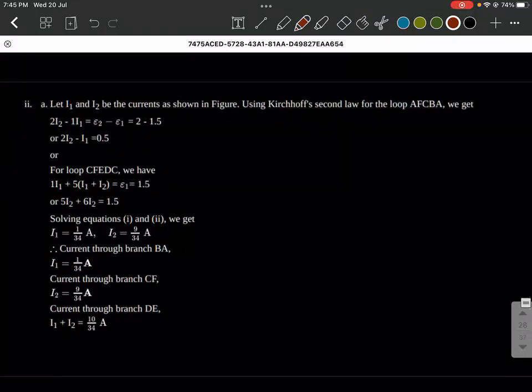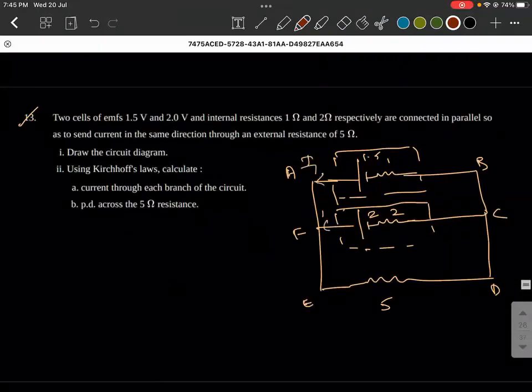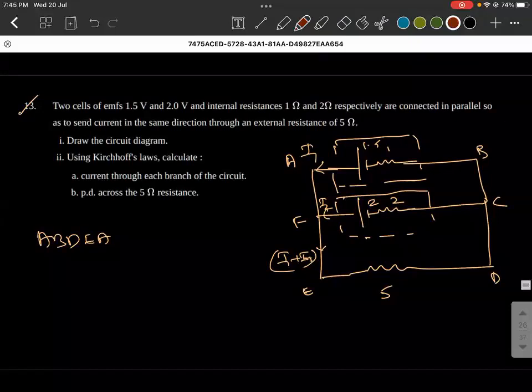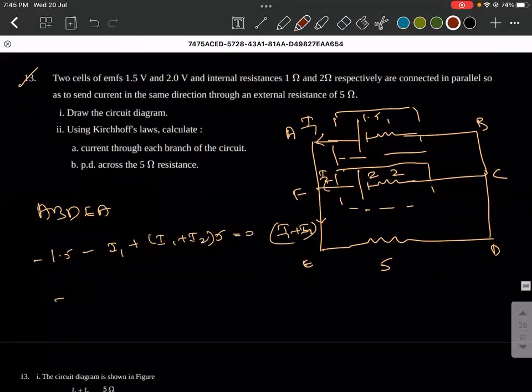Okay. But you will get 3 values, no? See, this is I1, this is I2, this will be I1 plus I2. Take a loop and then do it. If you take the loop A, B, D, E, A, then what will you get? A to B, when you're moving from high to low, minus 1.5 minus I1 plus I1 plus I2 into 5 is equal to 0.